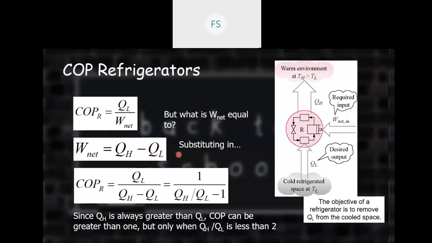By substituting this W net into the COP, now the COP can be written as 1 over QH over QL minus 1. And since QH is always greater than QL, the COP can be greater than 1, but only when QL over QH is less than 1/2.